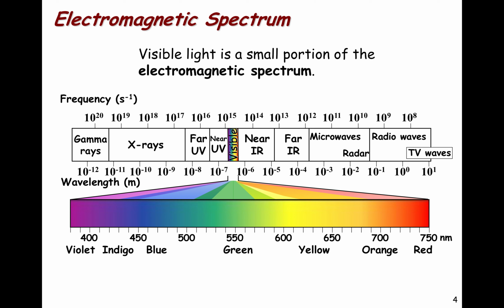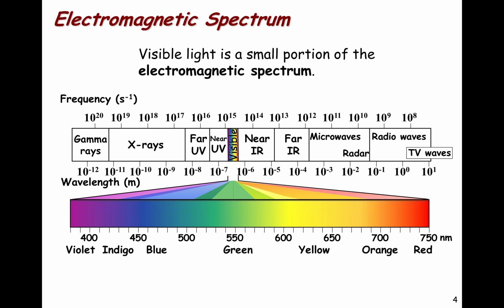Indeed, after violet, there is the ultraviolet region, which is sometimes split into the near and far UV. In addition, there are X-rays and gamma rays. In the other direction, on the red end, if you go down from there, you have the infrared spectrum, and this is divided into near and far IR.